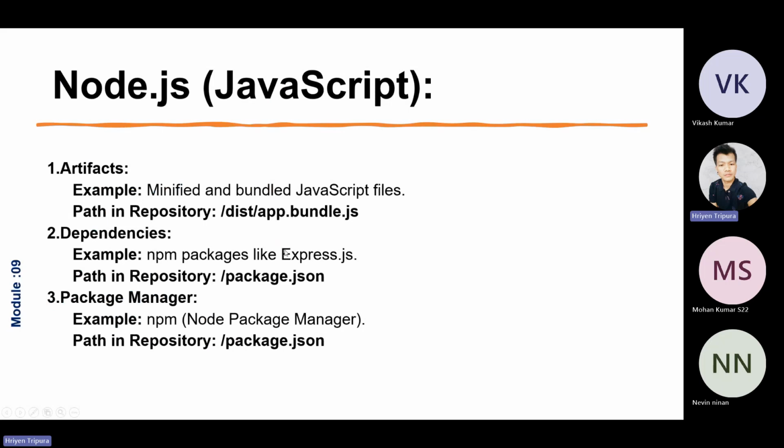So for packages like Express.js, you have something like package.json. Okay, you can see it with this format. So it all depends on the requirements, the applications, and the stacks; we will have different kinds of package managers depending on the project.